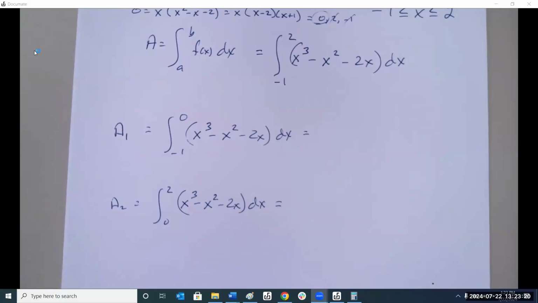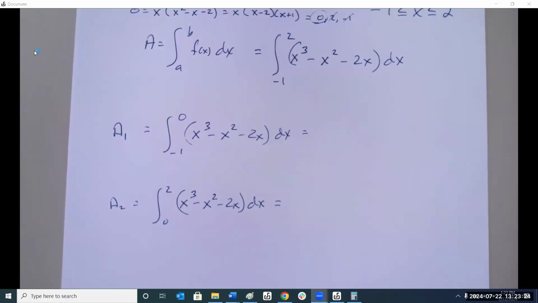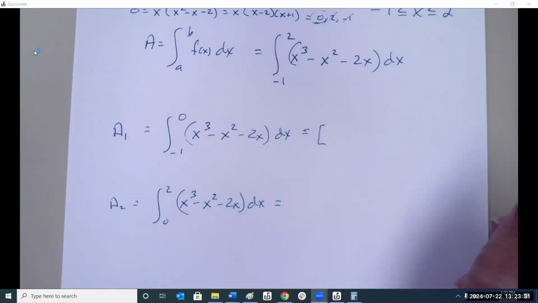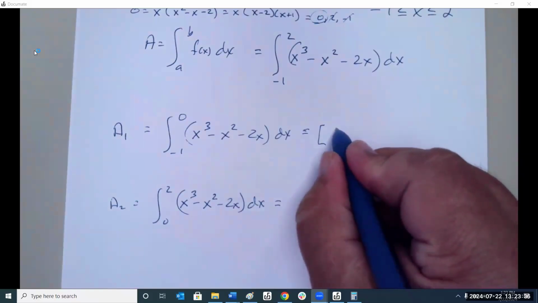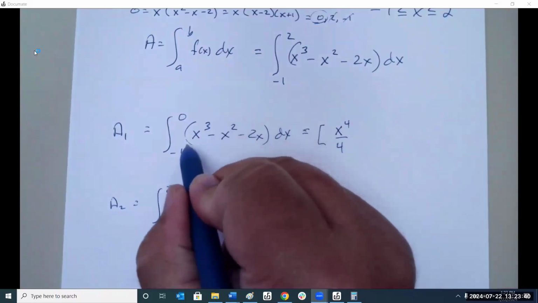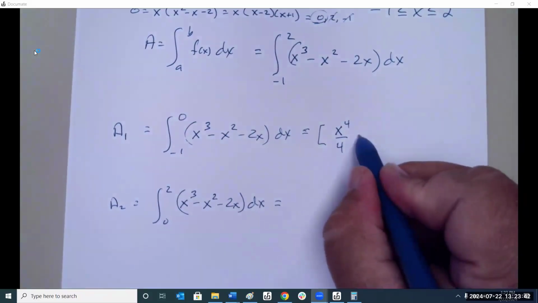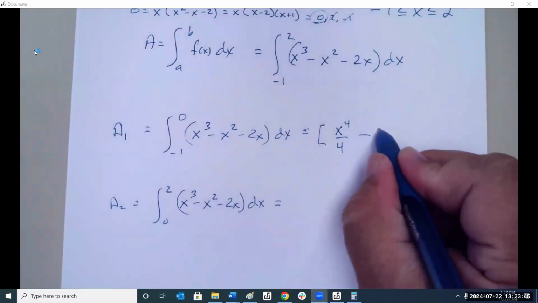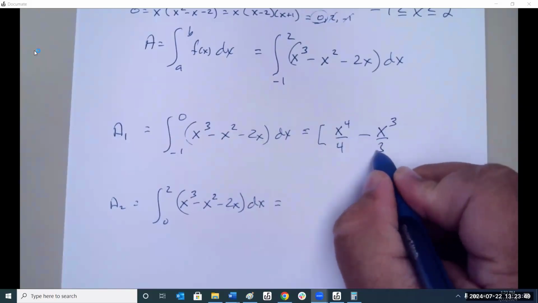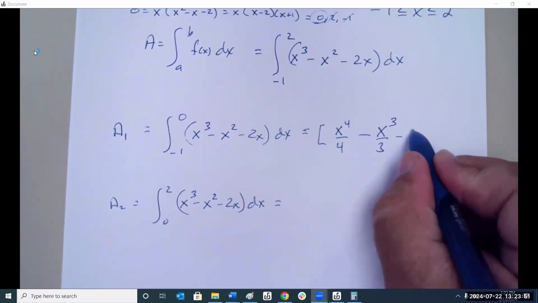And one of those is going to be above, one is going to be below. So what's the integral of x cubed? Because you add 1, and wherever you get there, you put on the bottom. Minus the next one. Very good.